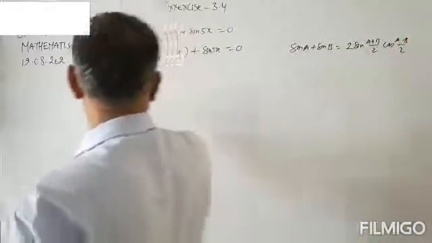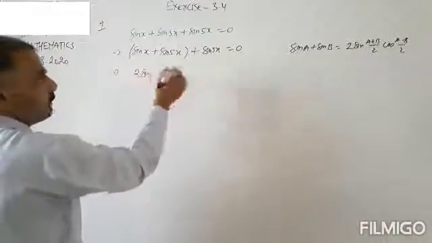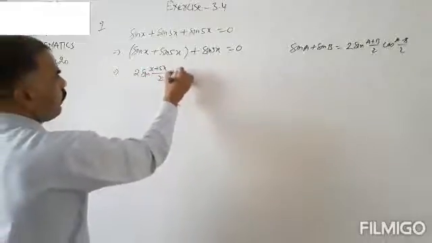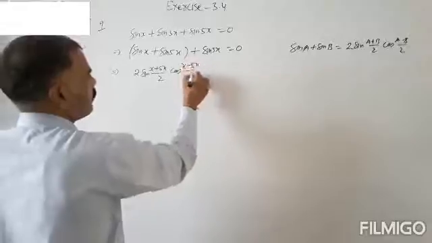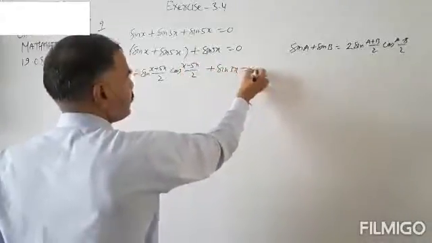Using this trigonometric identity, we will have 2 sin of (x plus 5x) upon 2 times cos of (x minus 5x) upon 2, plus sin 3x, equals 0.